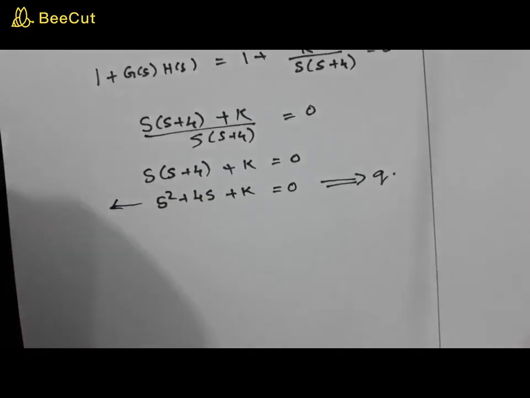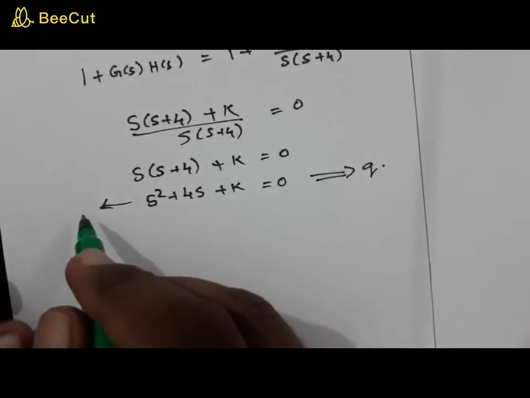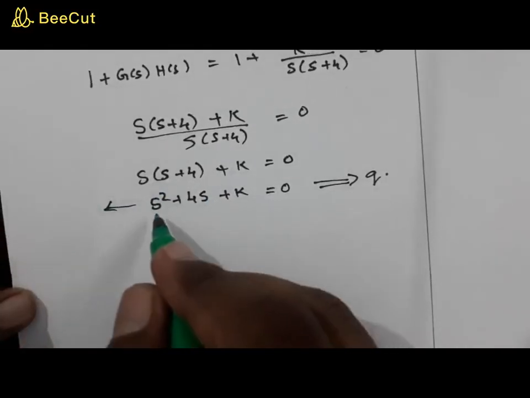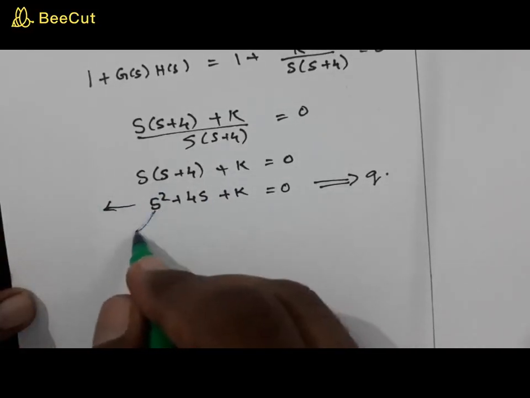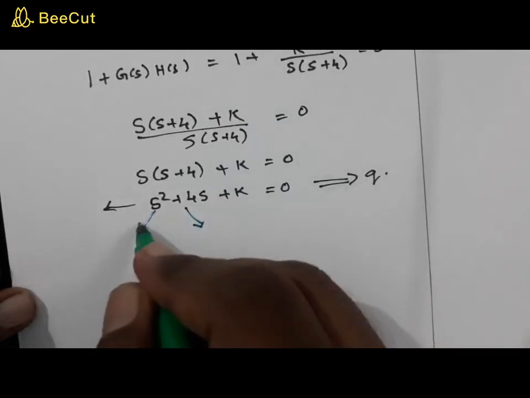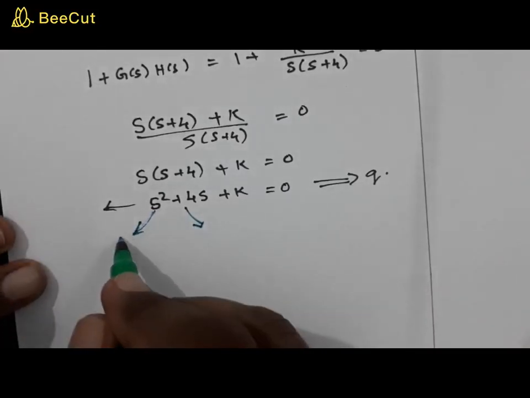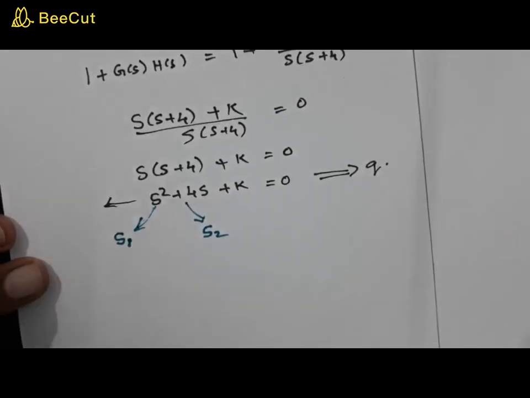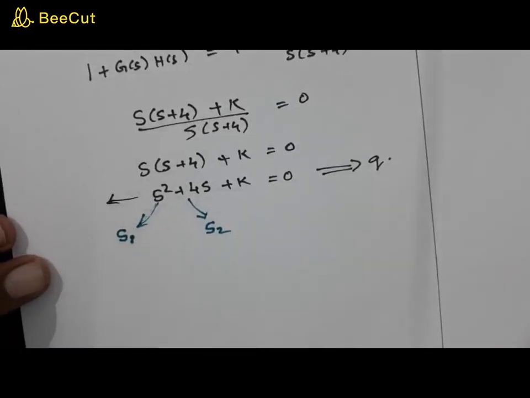So this characteristic equation is a second order equation with two roots, right? So there are two poles for this closed loop system, S1 and S2. Now you can find these two roots of the characteristic equation.